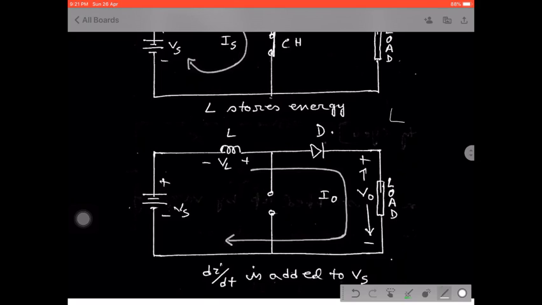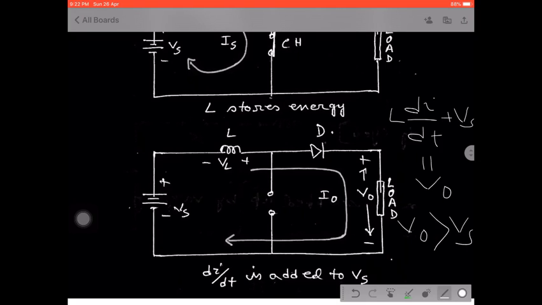That means L di/dt plus Vs is the actual voltage for VO. So we can say VO must be greater than Vs. That is why we say this is a step up chopper, as the output voltage is greater than the input voltage, just like a step up transformer.